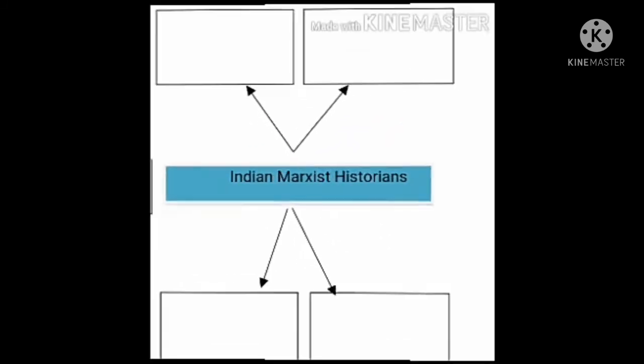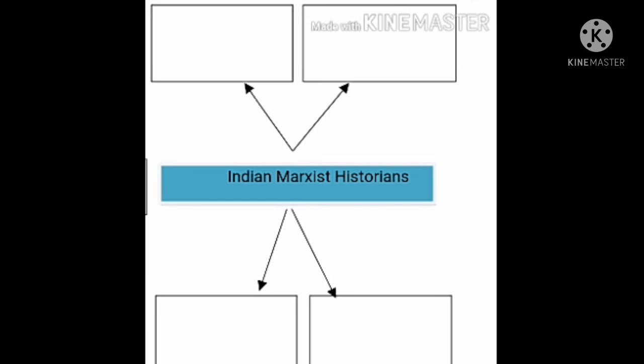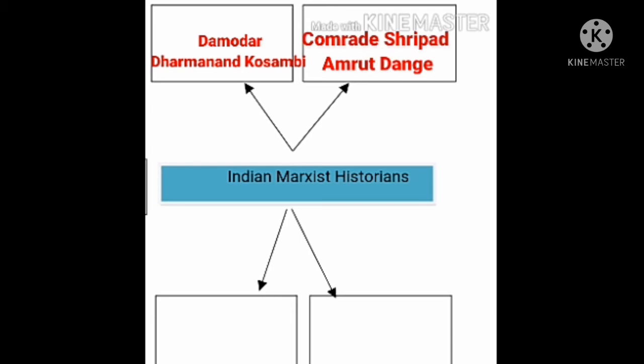Now let's solve the fifth web. You have to write down the names of Indian Marxist historians. That means the Indian historians who have followed the method of Karl Marx. That is called Marxist historian. The first one is Damodar Dharmanand Kosambi. So write down in the first box Damodar Dharmanand Kosambi. Second one, Comrade Shripad Amrut Dange.